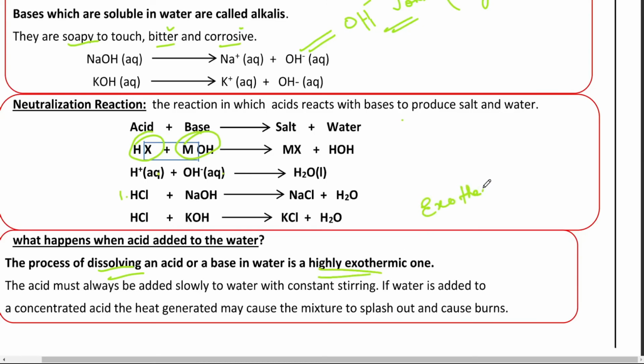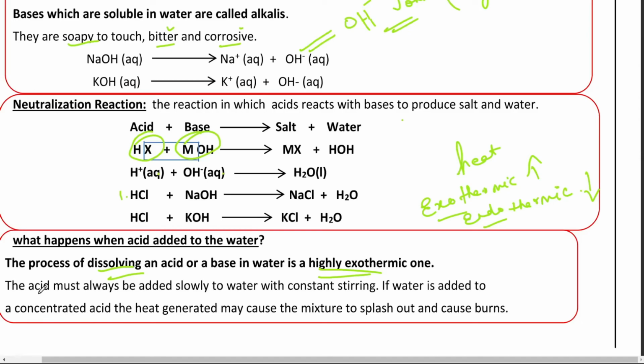I'm confident that you know what exothermic and endothermic mean: this is where heat is evolved and absorbed in these two processes. Whenever the acid or base comes in contact with water, it becomes highly exothermic, that means a greater amount of heat is released at that time.